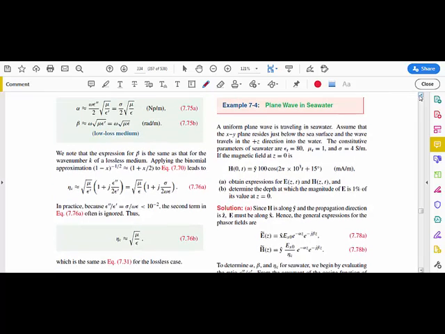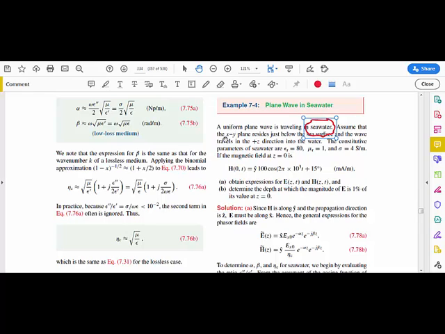In this example, we have a uniform plane wave traveling in seawater. Here the seawater means water with salt.